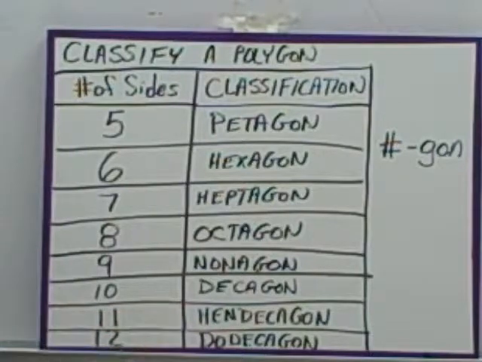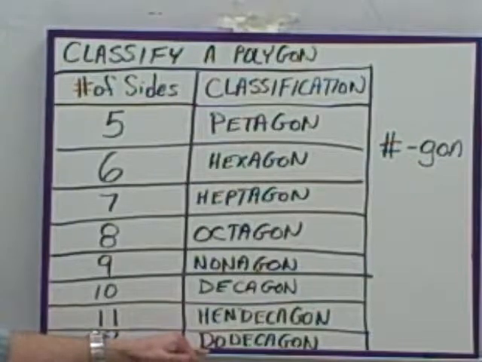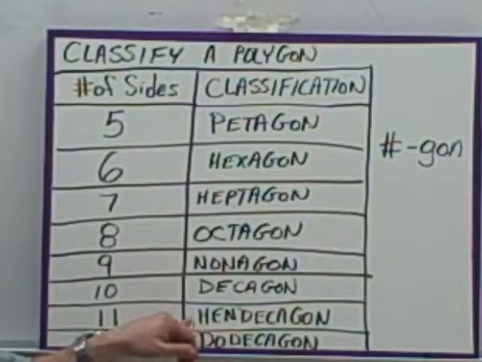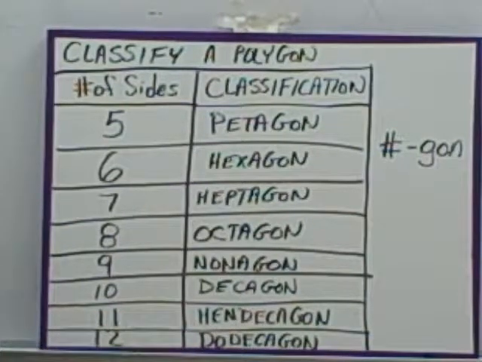Now, the 11 and 12 gons here, you may see them, you may not. I'm including them. They're not in your textbook. I especially like the 12-sided dodecagon, simply because it's just fun to say, dodecagon. The 11-sided figure is a hendecagon.